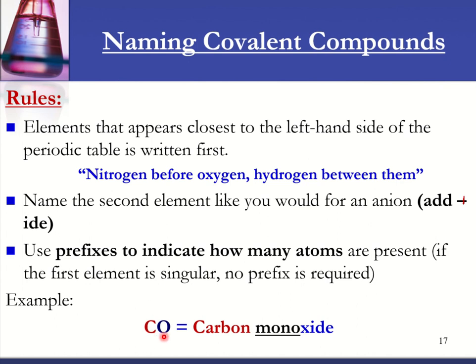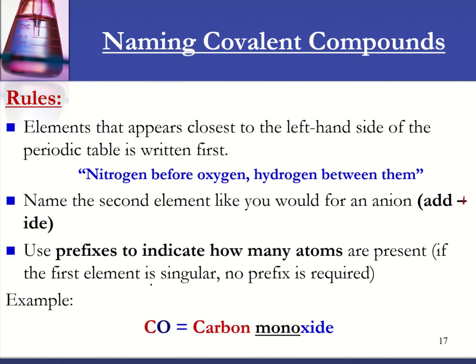We have C and O. Capital C is carbon, capital O is oxygen. We did say that a single element at the front doesn't need a prefix, but the second element will need a prefix regardless. So for one, the prefix we use is mono, so we say carbon monoxide.